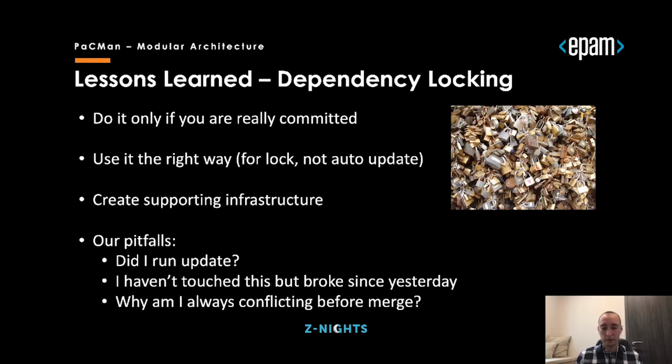And as you can see, you were never sure what happened here. Did I run the generate or did I not? Was my dependency update picked up or not? This was working yesterday. I reran the stuff and it's breaking today. And I'm always conflicting with someone because of this. So it was a lot of struggle for us. We even built a dedicated infrastructure where a Jenkins job picked up our repository, built the latest version, and updated the dependencies.